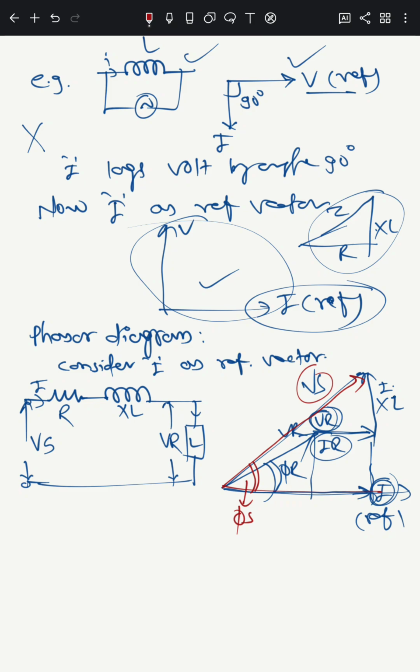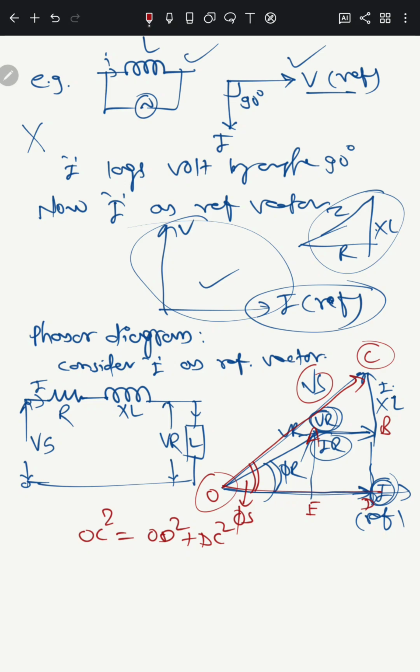From this triangle we can write OC. We can give names to this triangle: let us consider this part as O, this part as C, this part as D, this part as E, this as A, and this as B. Considering these names, for this diagram we can write OC square is equal to OD square plus DC square.